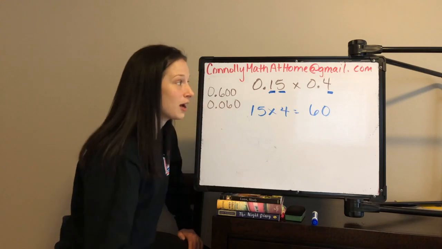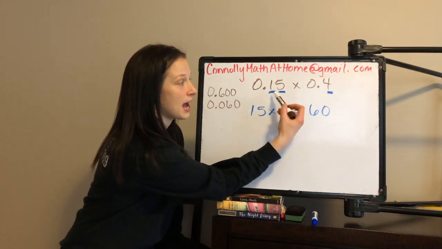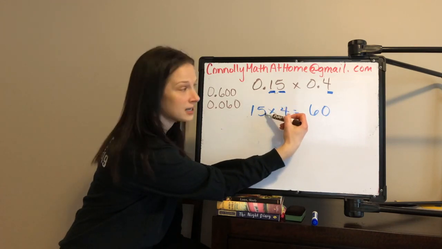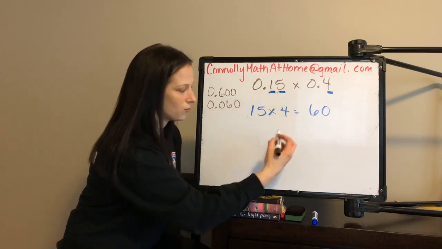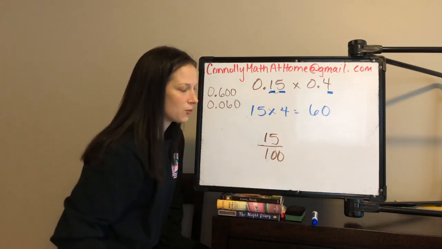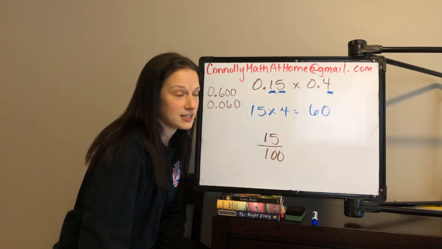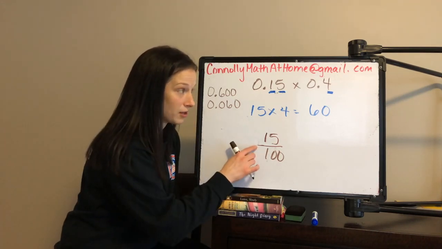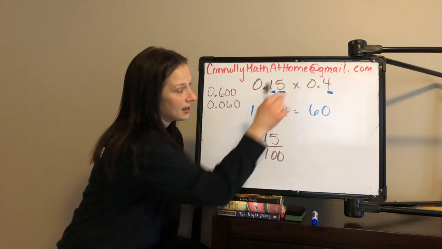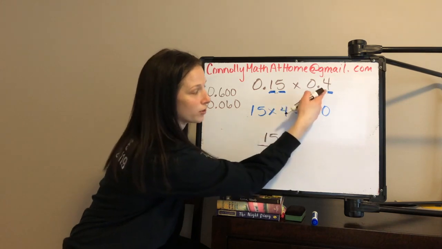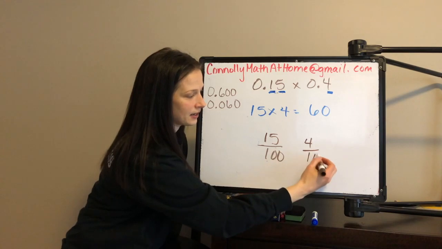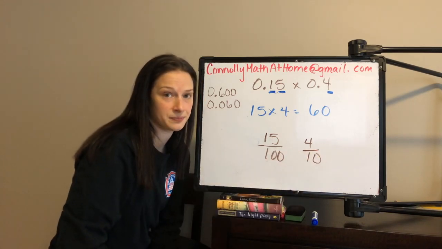Okay? So a couple things we can think about is, how many times smaller did 15 get to make 1500ths? Well, I'm going to say 15 divided by 100. So I know that my product has to get 100 times smaller for this factor. And then I know from 4 to 4/10, my product got 10 times smaller.